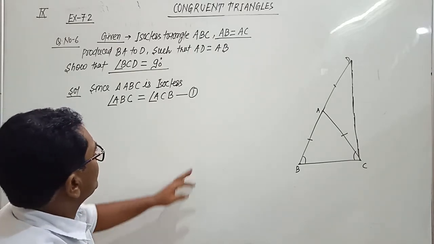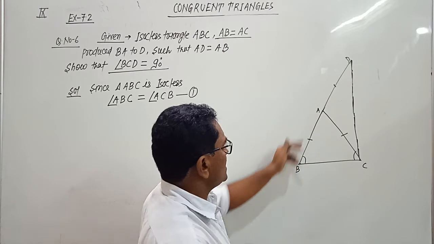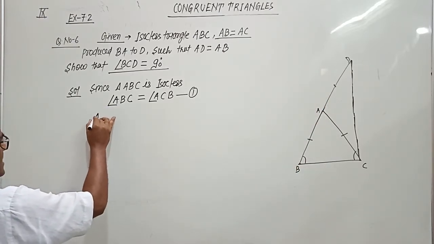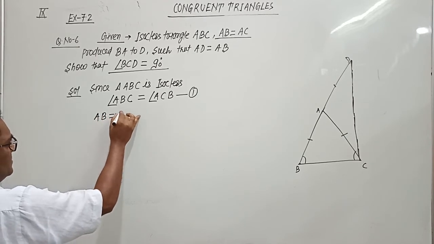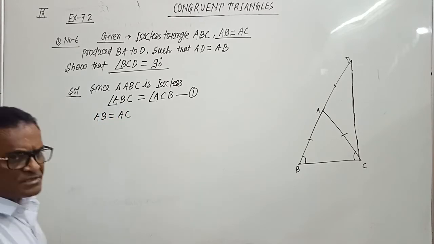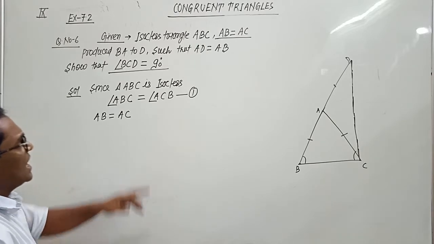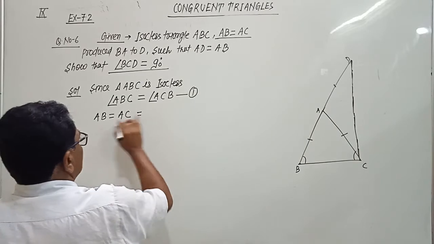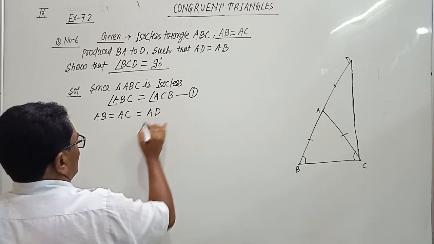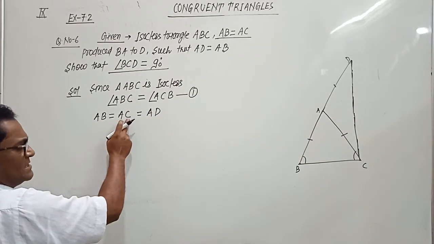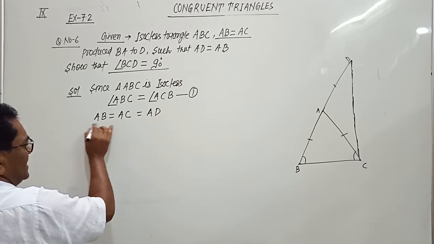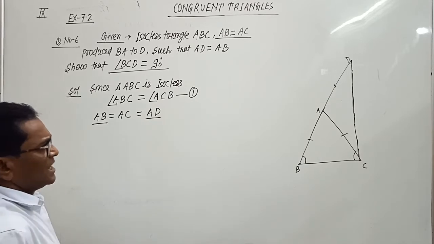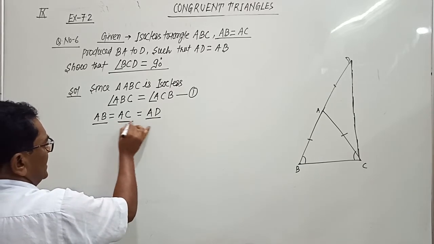Now also we have given that AB equals AD. AB is equal to AC because ABC is an isosceles triangle, and also we have given AD equals AB. It means AB equals AD and AB equals AC.